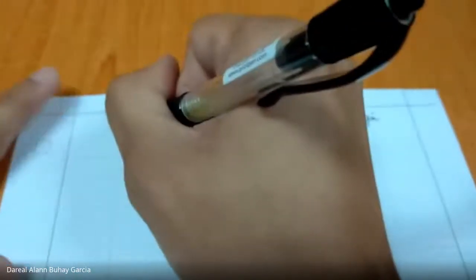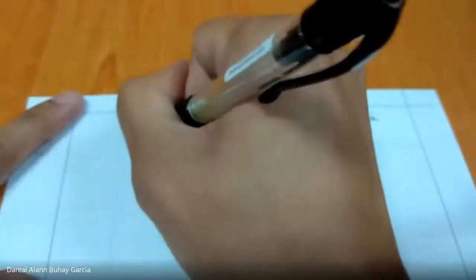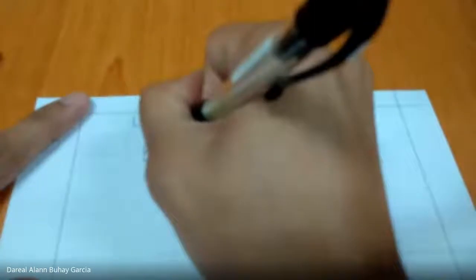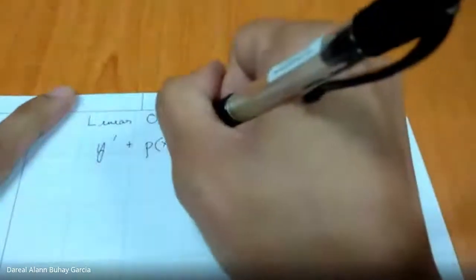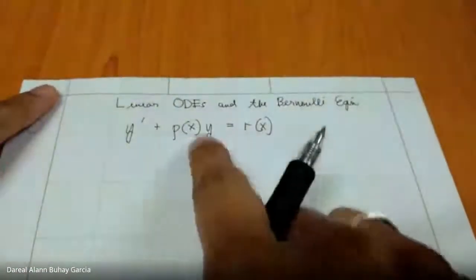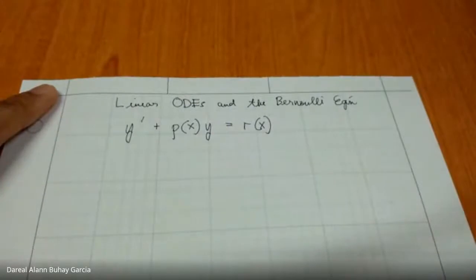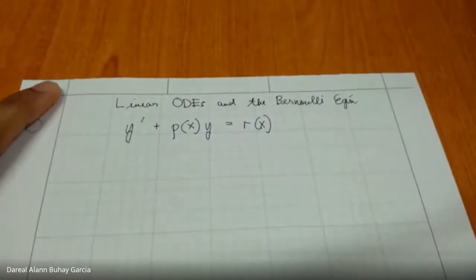Okay? So again, it's linear if it can be brought into this form: y prime plus a function solely of x, p of x, times y, is equal to r of x. If it can be brought to this form, it's a first order linear ODE.